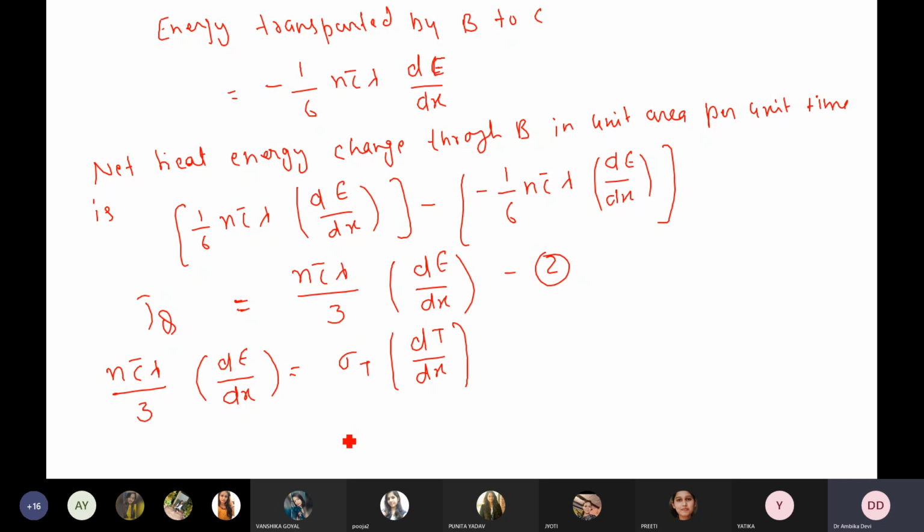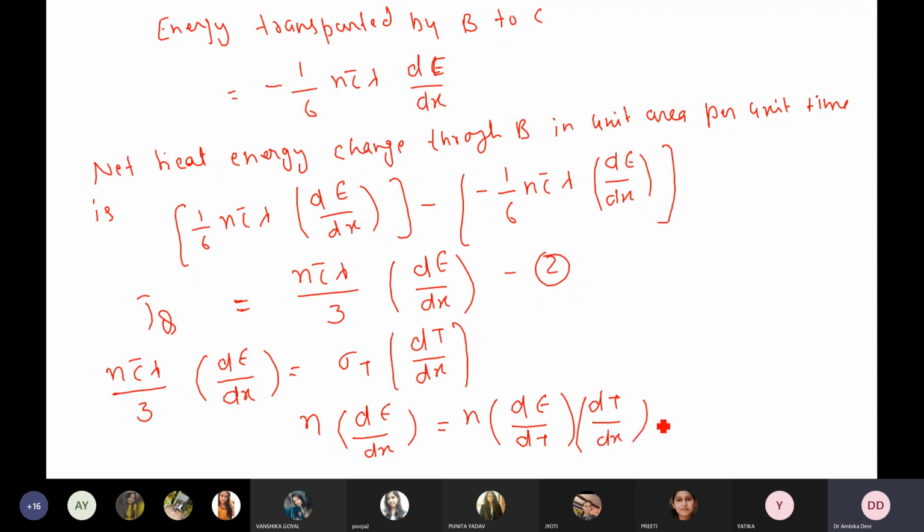Now let us consider this quantity n dE by dx. From here I just took this: dE by dx into n is equal to n dE by dT, we can write it like this, into dT by dx. Okay, I multiplied by dT and divided by dT as well.